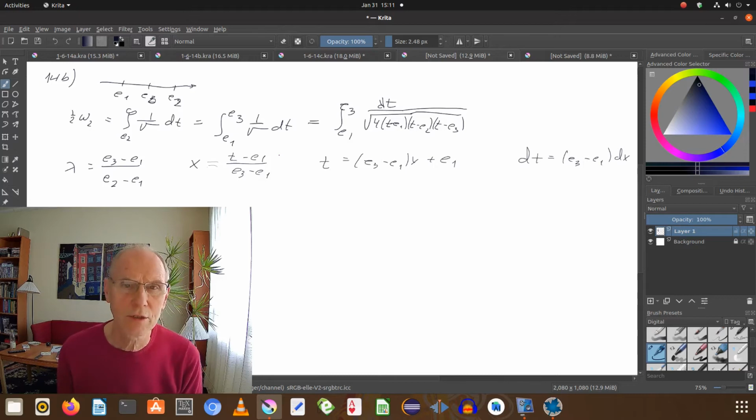Right, so we should change it to an integral over x. So we need to look at the square root, or the thing under the square root. We just take this.